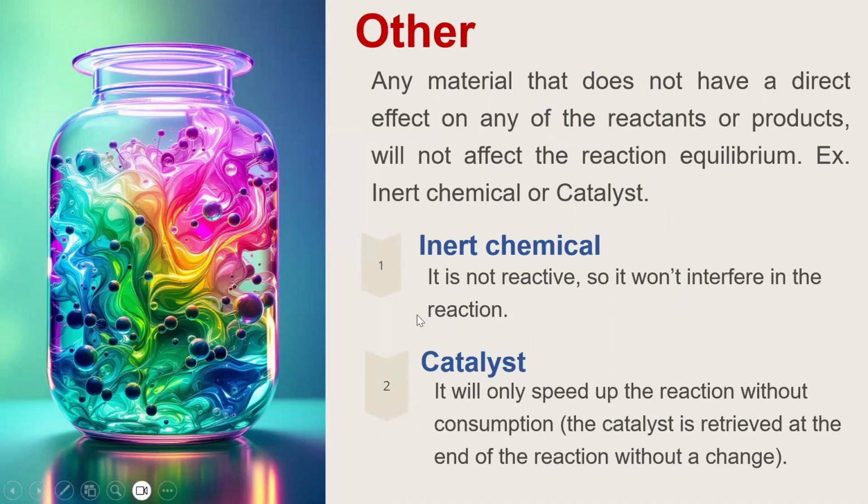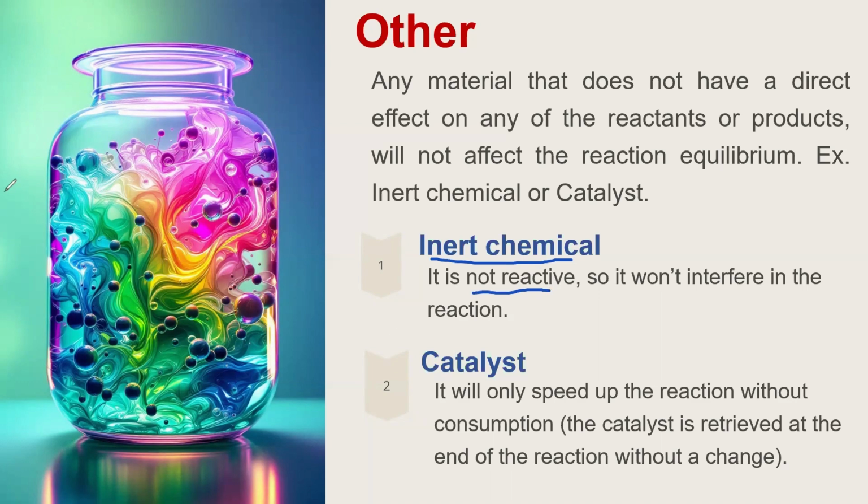Both of these won't affect the equilibrium state of the reaction, so there will be no shift in equilibrium. The inert chemicals are not reactive, so they will not participate in the reaction and they won't interfere, so they will have no effect on the equilibrium.